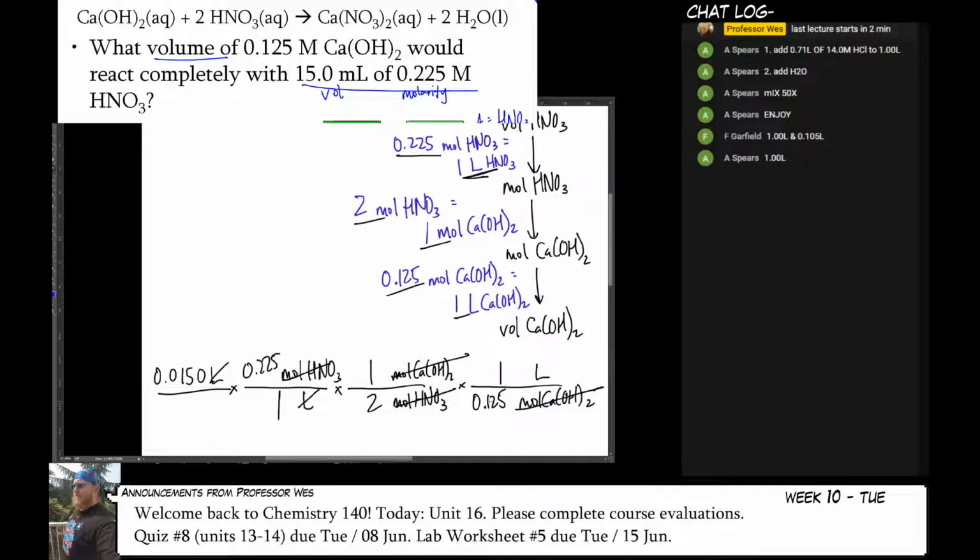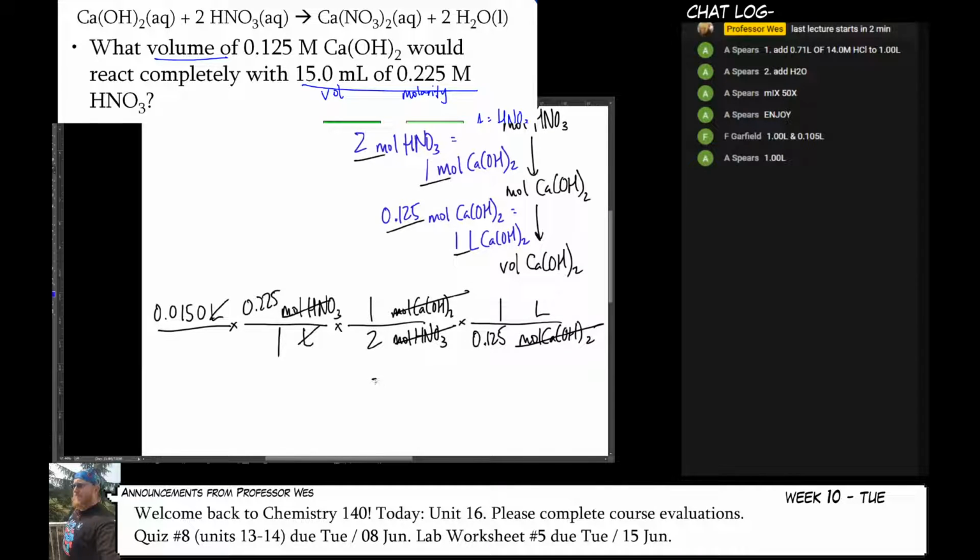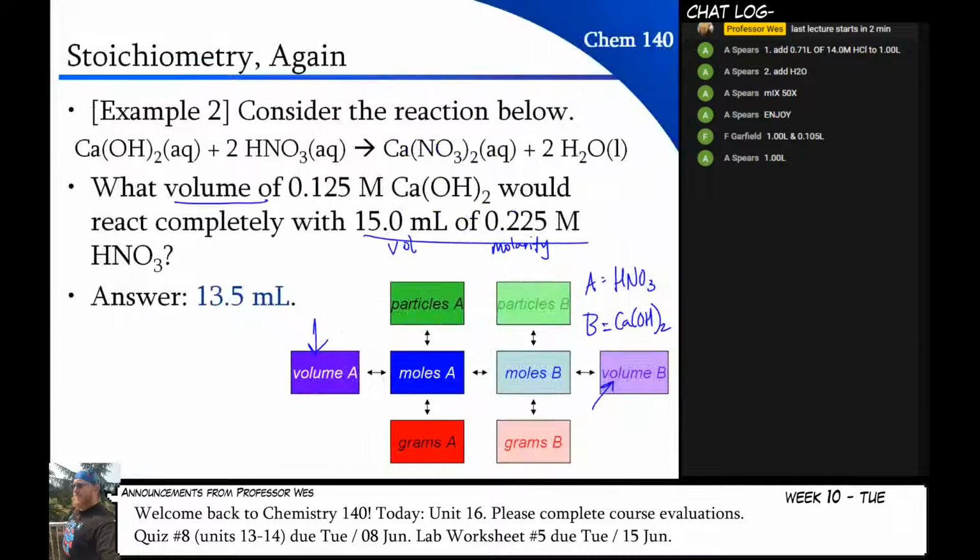And I'm punching it all in my calculator, and I got 0.0135 liters, or 13.5 milliliters. So that's the volume of calcium hydroxide that would react completely with 15 mils of 0.225 molar nitric acid. There you go. And then for some reason this goes after the answer. I don't know, I gotta fix that.